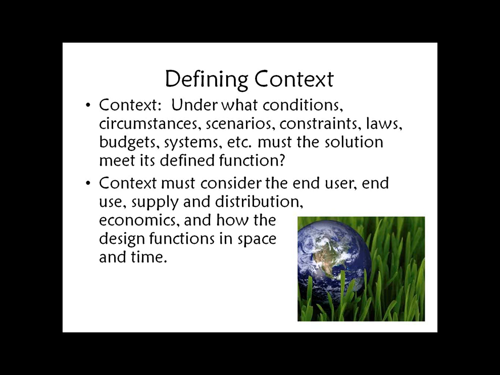They're going to identify what context they want to look at because it's ecosystem specific. So that is under what circumstances and conditions must the solution meet its defined function. Ultimately, in a truly sustainable design, incorporating context considers how the solution fits into the larger scope of life.